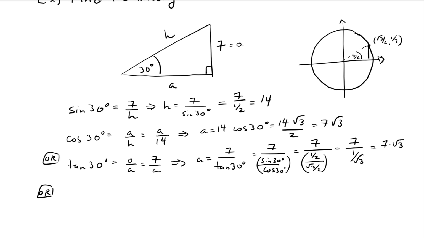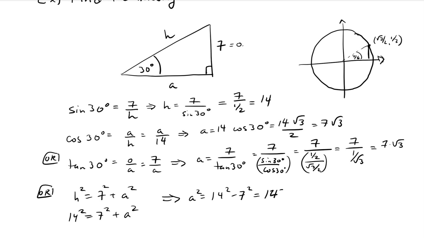Or the other option would be to use a Pythagorean identity. Once you know what H is, you could say that H squared is 7 squared plus A squared. H is 14, so 14 squared is 7 squared plus A squared, and then you solve for A. That means that A squared is 14 squared minus 7 squared, which equals 147.